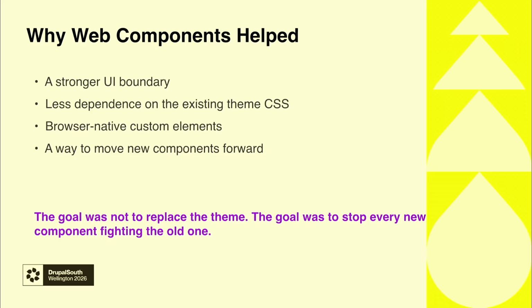I wanted a component I could place inside Drupal, customize where needed, but not have it constantly affected by all the other CSS and JavaScript. Web components helped because they are based on a browser native standard. That gave me a better starting point than continuing to patch the Bootstrap conflicts.